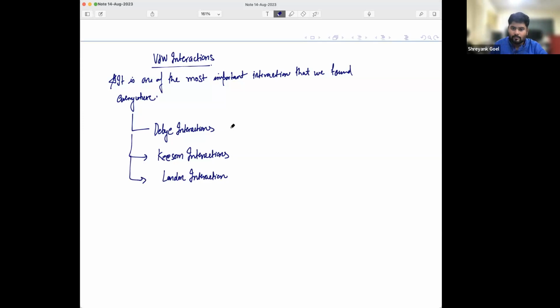So the origin of Debye interactions is the interaction between the permanent dipole and induced dipole.